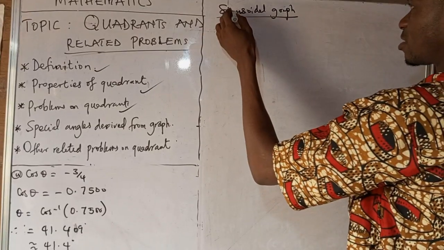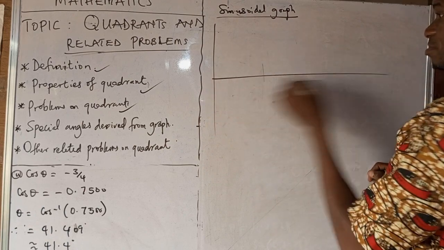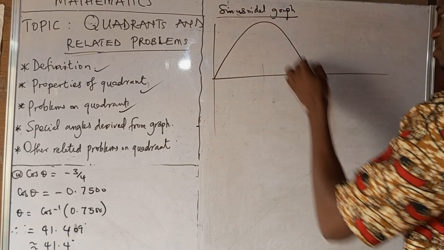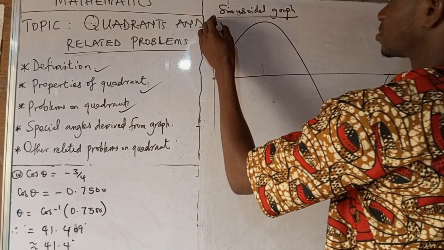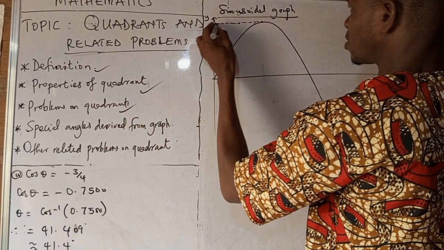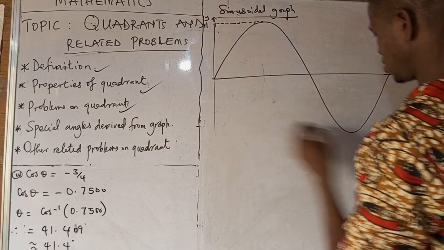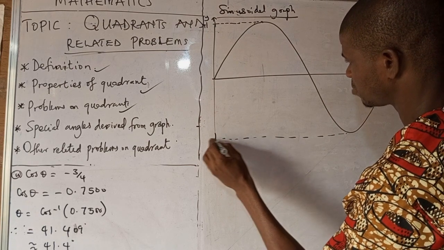which is also called the sine graph, we have this. This is my y. This maximum here is +1, and this minimum here is -1.